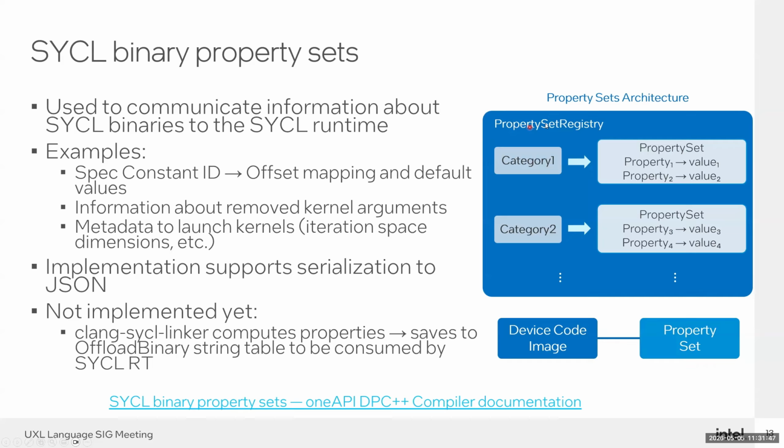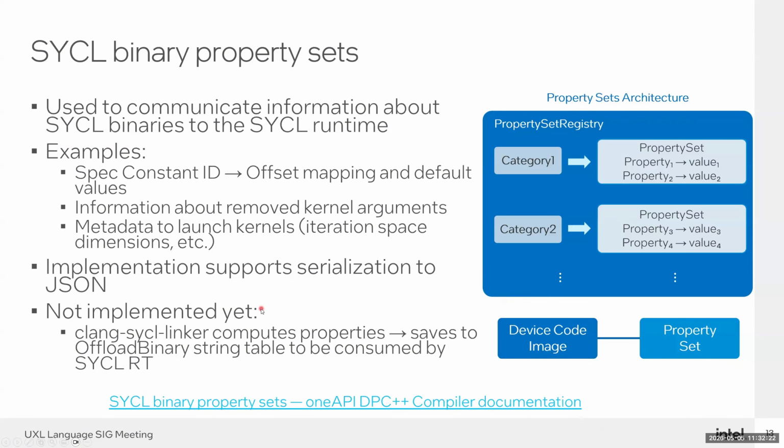Basically, it is a set of key value pairs where the key is the category of the property set, like some name, and the value is the property set itself, which in turn is a set of key value pairs like property value. So this part, the infrastructure, is upstreamed, and it also supports serialization to JSON.